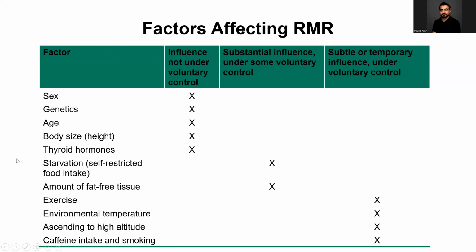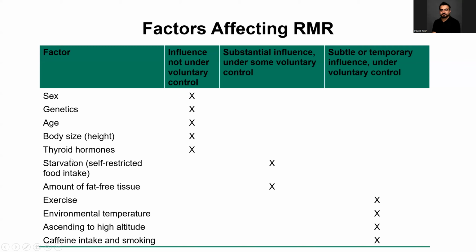We have thyroid hormones. Based on the activity of a thyroid gland, we have hyperthyroidism and hypothyroidism. In hypothyroidism, the thyroid hormone is low because of the low activity of the thyroid gland, and the resting metabolic rate among people with hypothyroidism is low.